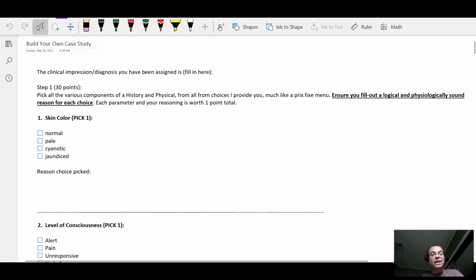For example, if in their scenario it is a lacerated spleen and they pick a blood pressure of 90/50, they should really pick a pale skin color, because when you have hypotension, heart rate, stroke volume, and peripheral vascular resistance all increase in order to bring that blood pressure back up to normal. So with high peripheral vascular resistance, you're shunting blood from the skin to the core, and the patient turns pale. So they need to articulate why they picked pale.